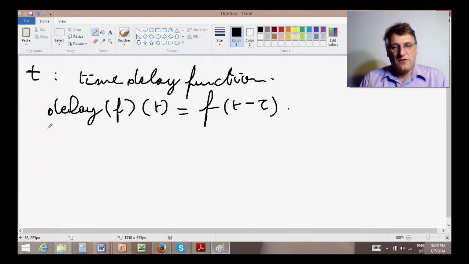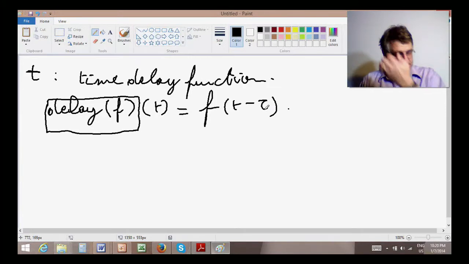So delay of f is a function of time, and the value at time t is f of t minus tau.